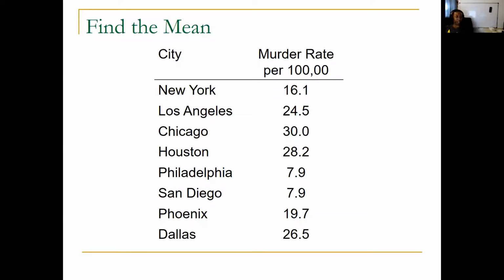Now, how many cities are there? You need to know what the n is. 1, 2, 3, 4, 5, 6, 7, 8. And then you would divide that by 8. And the mean that you should get here should be 20.1.